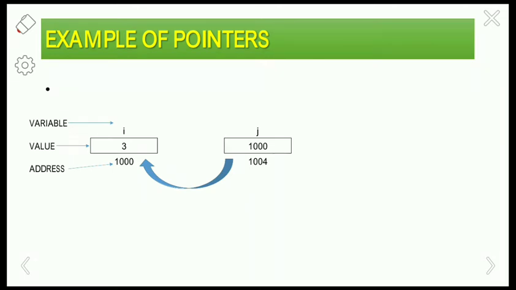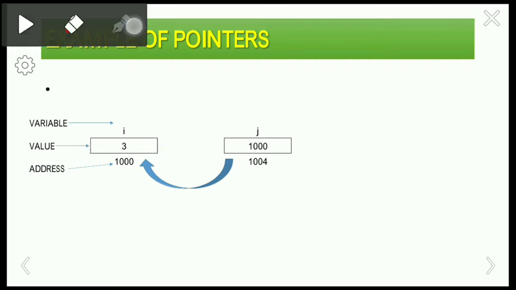Here the address is like a house number, and the variable name is like a house name. This is similar to having a house number as well as a house name. I am inserting some value to the particular address.